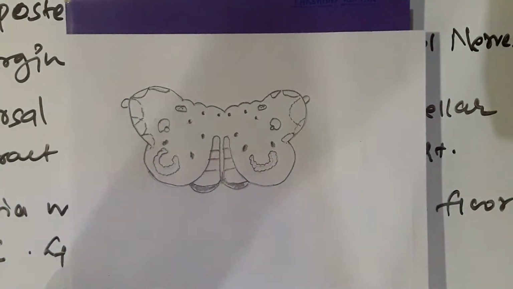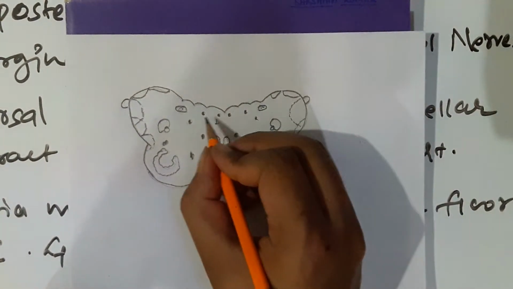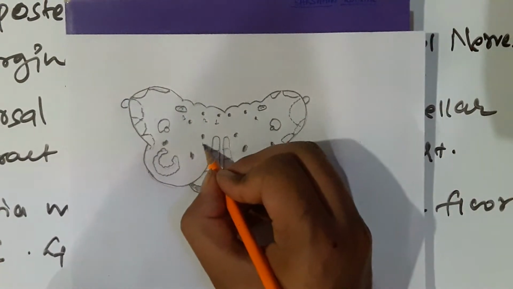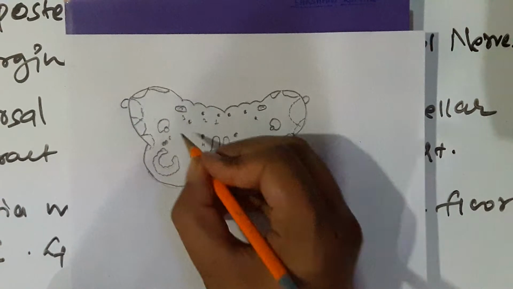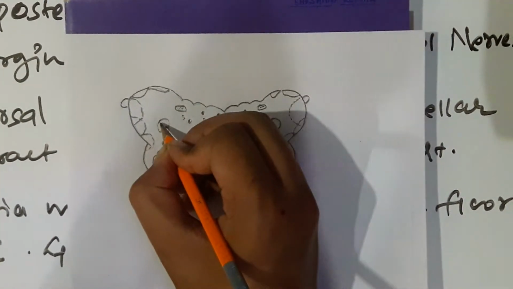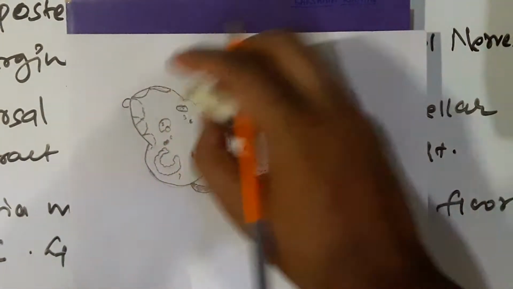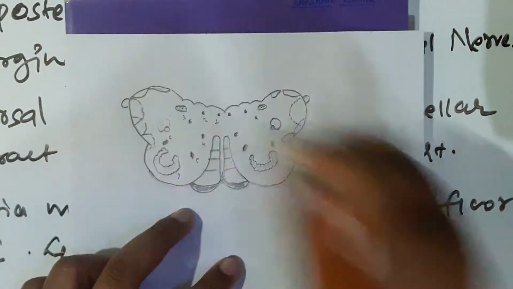I hope you are seeing it. So this is first, second, third, this is fourth, fifth, sixth, seventh. I hope it will be much more clear if I label it outside.